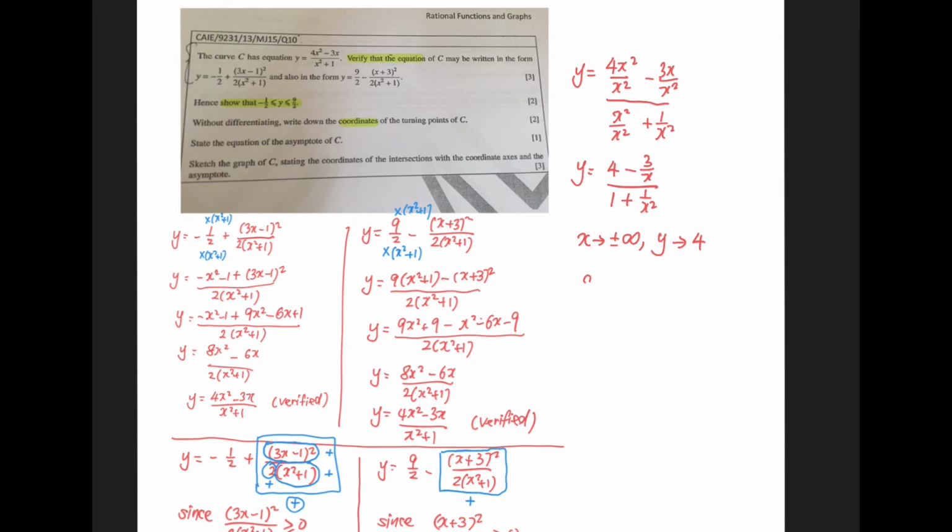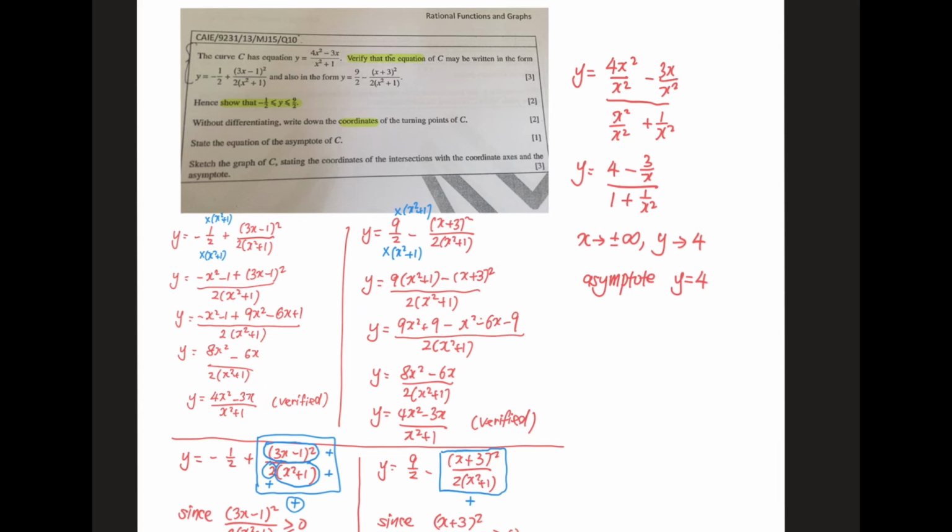So the asymptote is y equal to 4. Okay, y equal to 4.